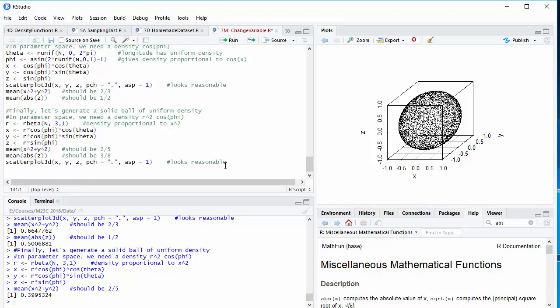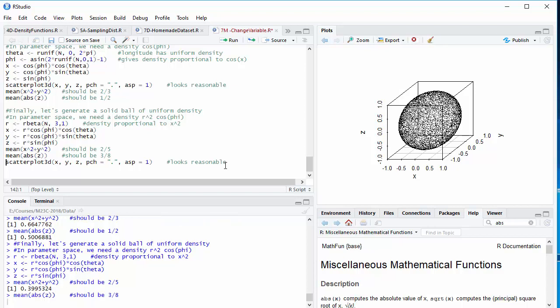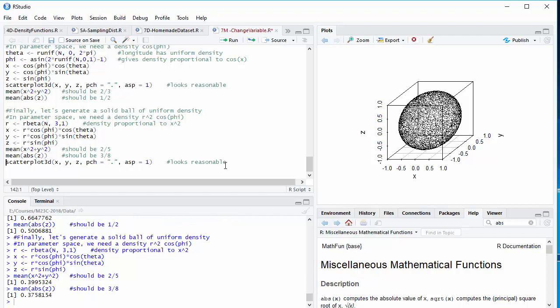If you're a probabilist, you say the expected value of the distance along any coordinate axis from the center of the ball should be 3/8. If you're a physicist, you say, I think I remember that the center of mass of a solid hemisphere is 3/8. And sure enough, we get 3/8.